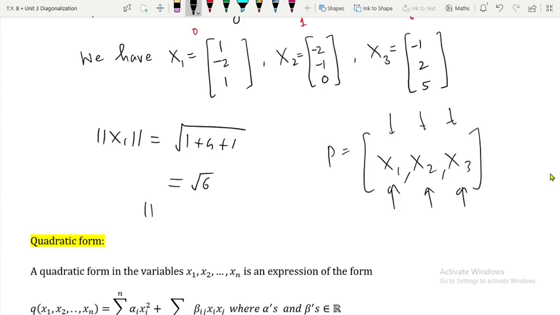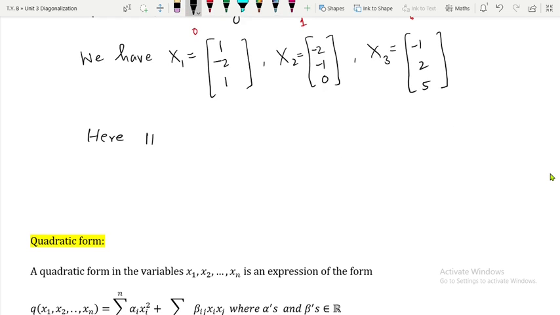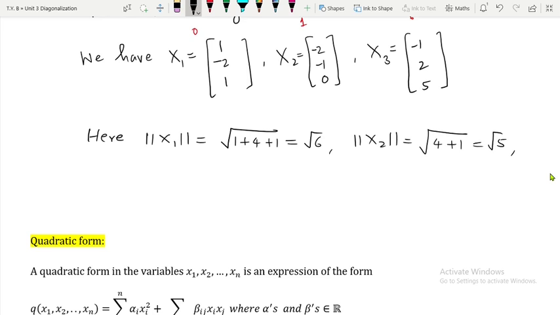Similarly, the norm of x2, I will write here. What is the norm of x1? The norm of x1 is under root of 1 plus 4 plus 1, that is under root of 6. The norm of x2 is under root of 4 plus 1, that is root 5. And the norm of x3 over here is under root of 1 plus 4 plus 25, that is under root of 30, isn't it?